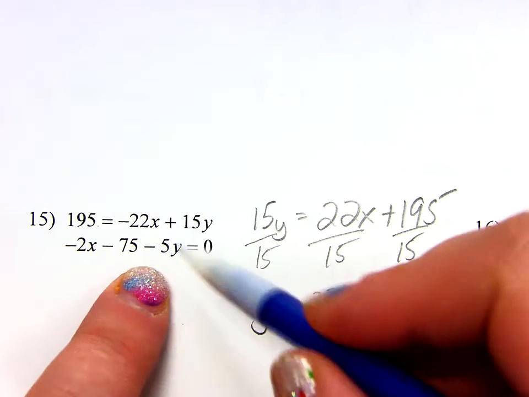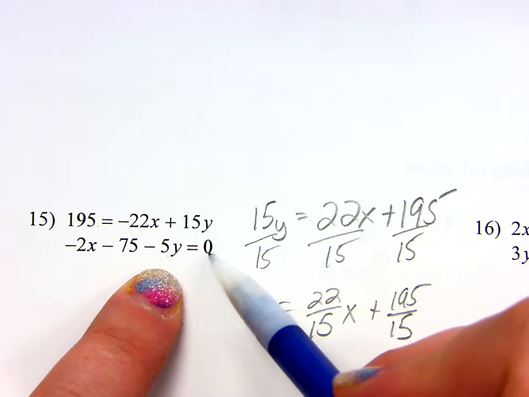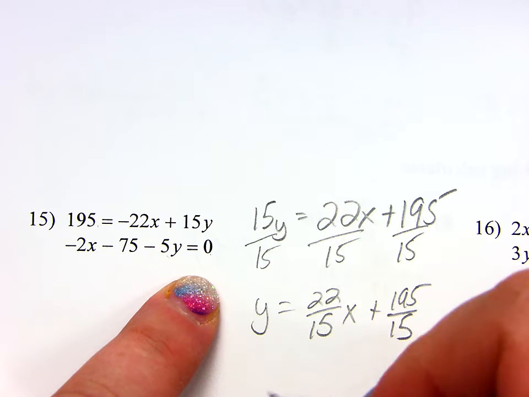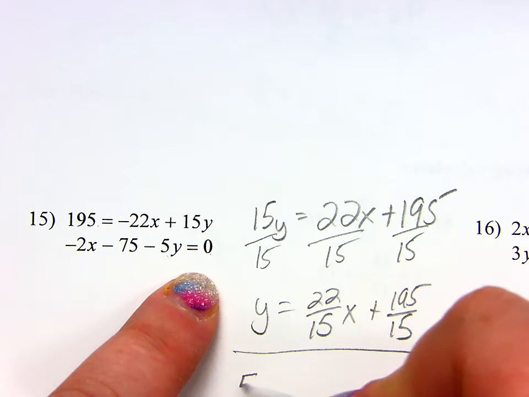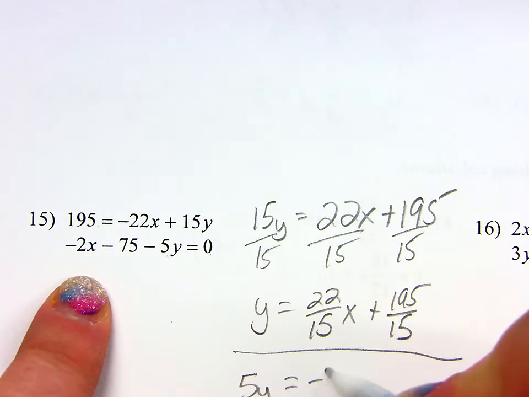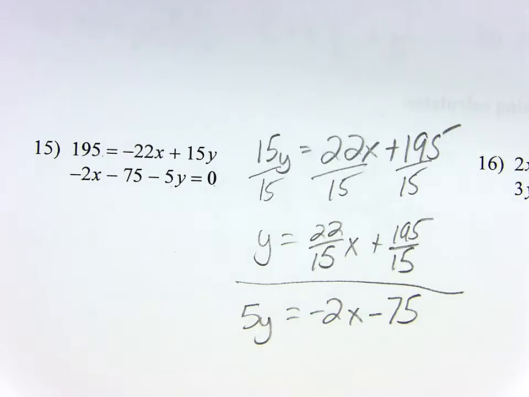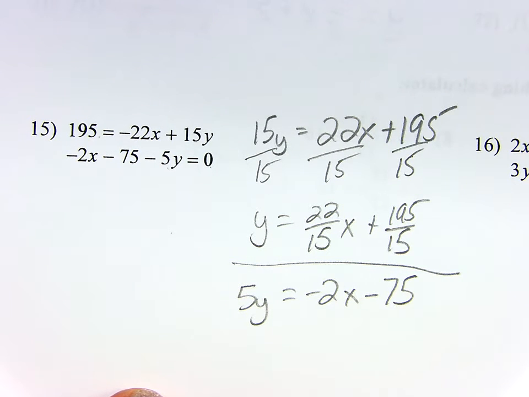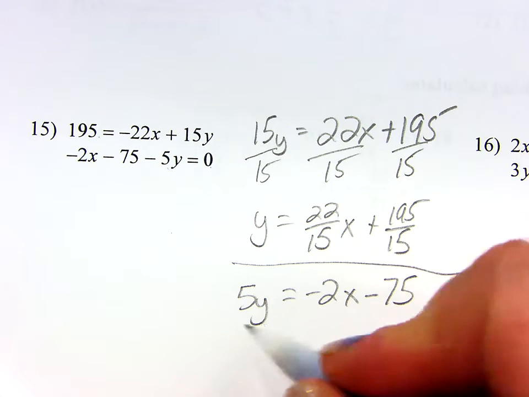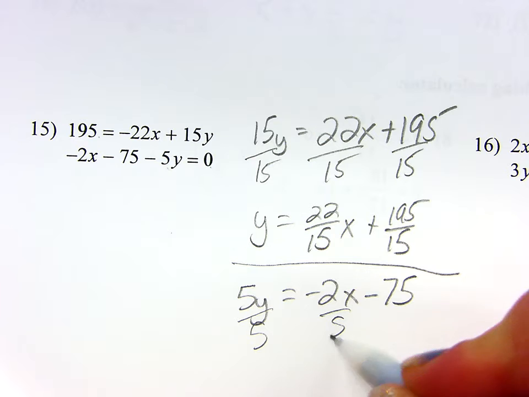You just have to get y by itself. Same thing for the bottom one. So maybe I'll add 5y to the other side first. So I have negative 2x minus 75. Right, if I added that 5y over. And then how would I get y by itself now? Divide by 5.